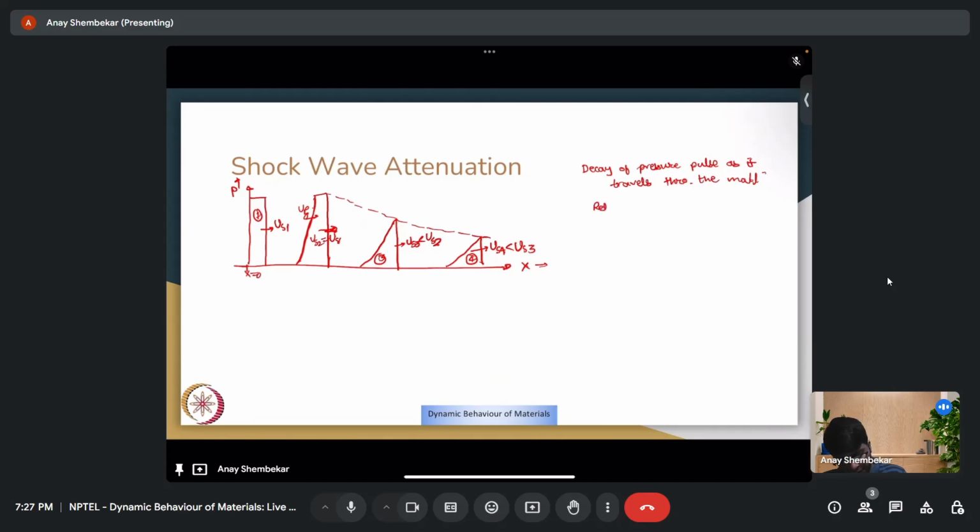The release wave will move with some velocity c naught plus up, which will be greater than Us, the shock wave velocity. At snapshot 3, or case 3, you have the case where the release wave has overtaken the shock wave.